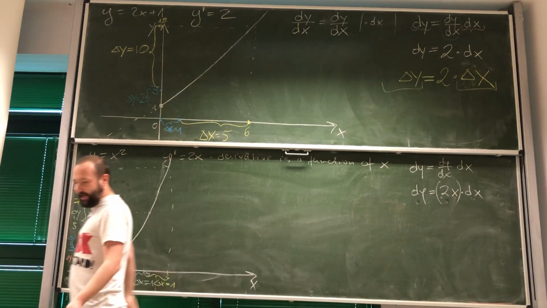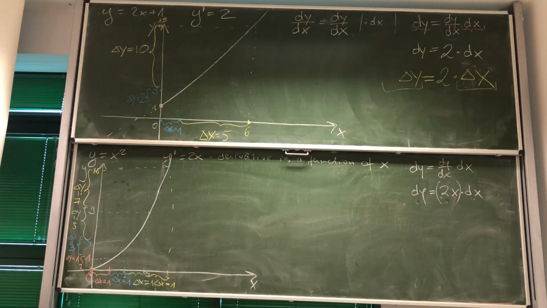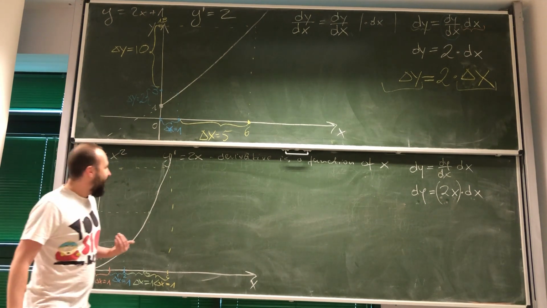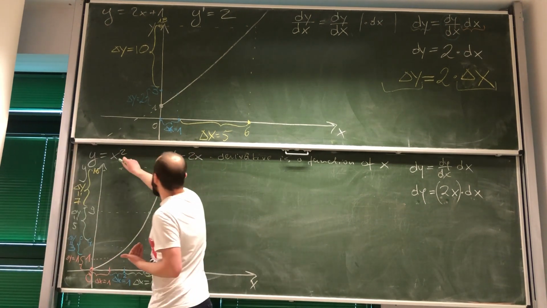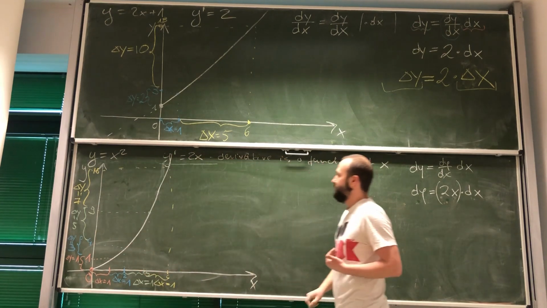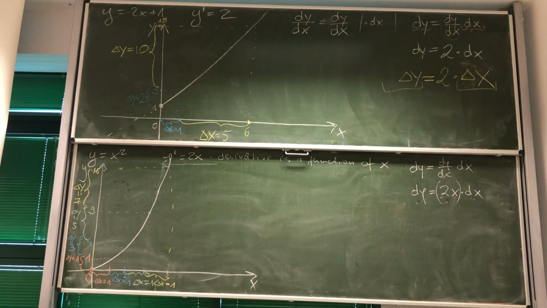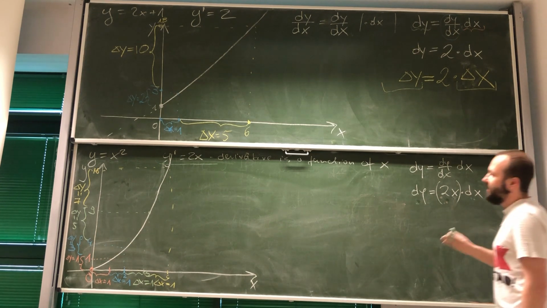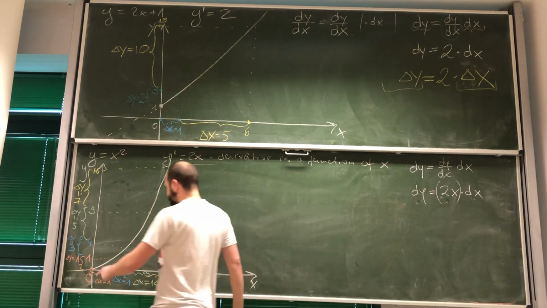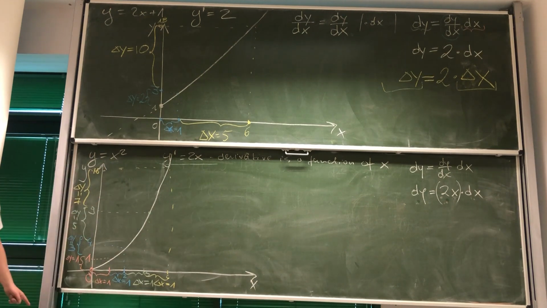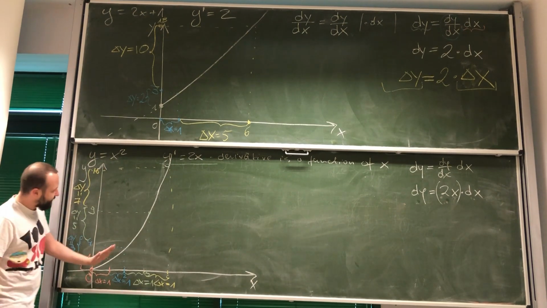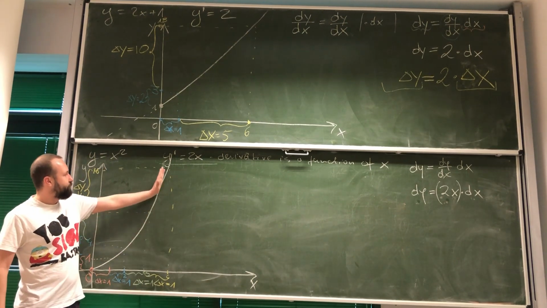But look, this creates a problem and an opportunity. Because when we actually calculated this derivative for the function y equals x squared, what we found is the slope of this function. And look, the slope of this function is definitely increasing, getting steeper and steeper and steeper.